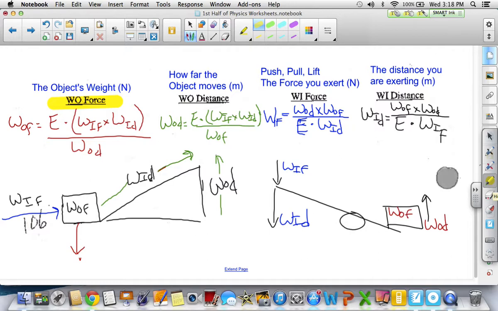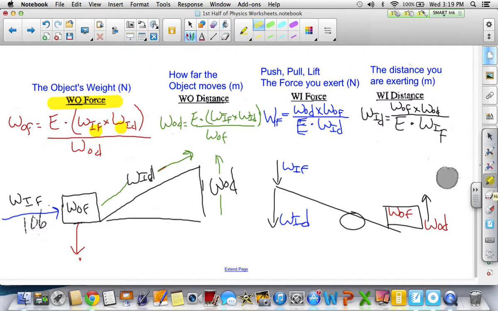And we can find the work output force by taking the efficiency times the quantity of the work input force times the work input distance, divided by the work output distance. So you're going to want to make sure that you multiply the input force and the input distance together first. Take that answer times the efficiency, divide that by the work output distance, and that will give you the work output force.